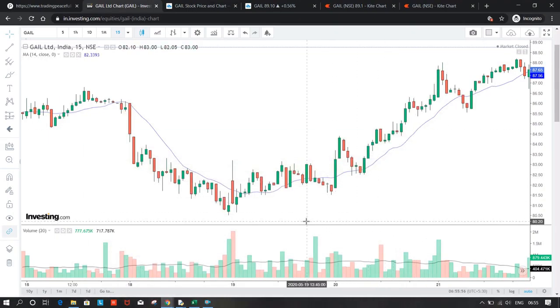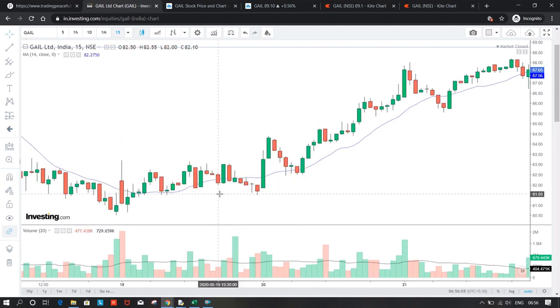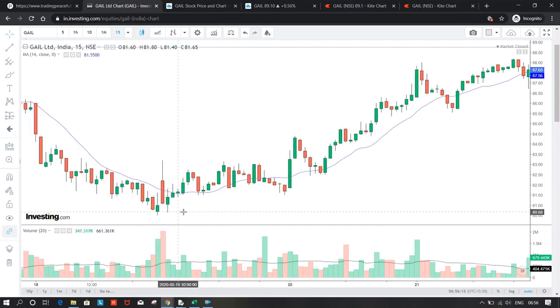At 1:45 it made this candle and it went down. Then at 2:45 it made this candle and it went down. It just crossed very near to the average and closed down in the next candle. So this day was basically sideways, it doesn't give any trend, so we had a loss.